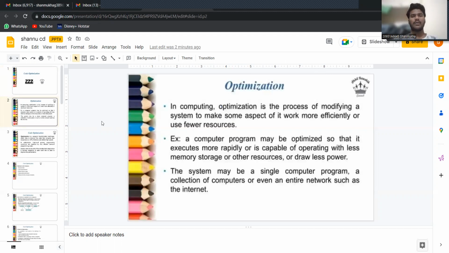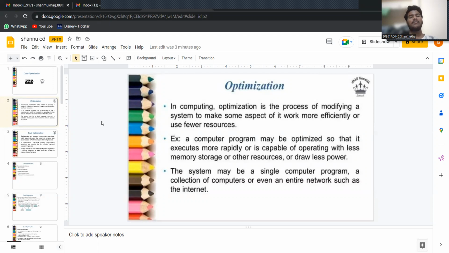In computing, optimization is the process of modifying a system to make some aspect of it work more efficiently or use fewer resources. For example, a computer program may be optimized so that it executes more rapidly, or is capable of operating with less memory storage or other resources, or draws less power.